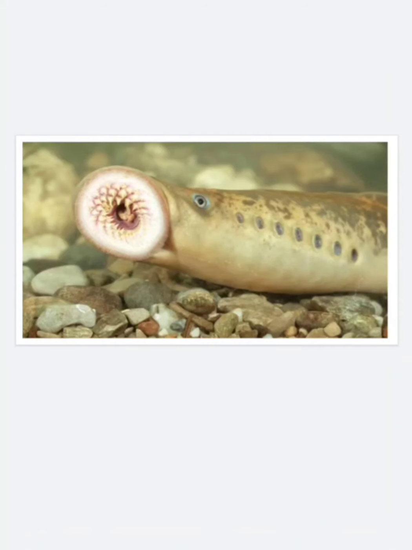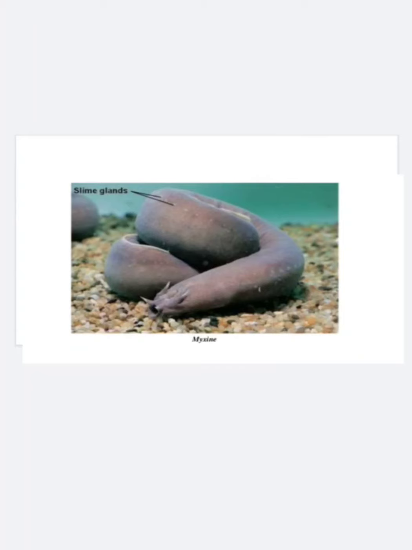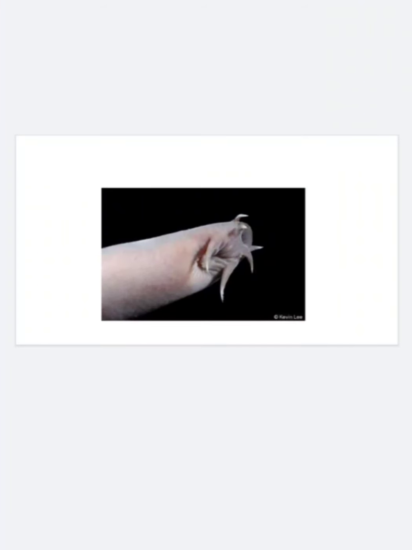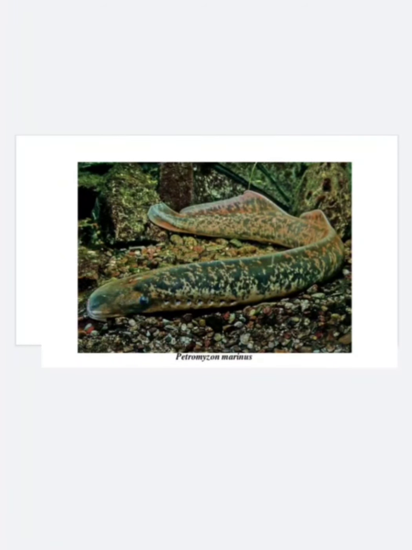Then the best example for these cyclostomata is Petromyzon, and another example of these cyclostomata is Myxine. When we see Petromyzon, it is commonly called lamprey, which is located on the coasts and in rivers of Europe, North America, West Africa, and Japan.